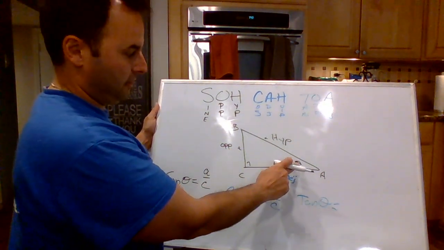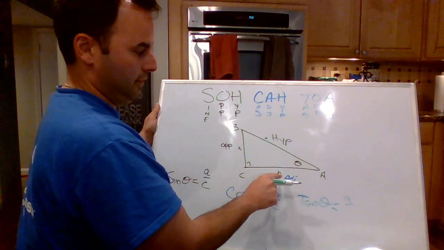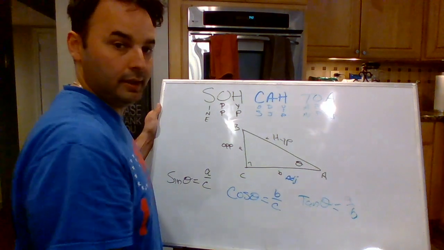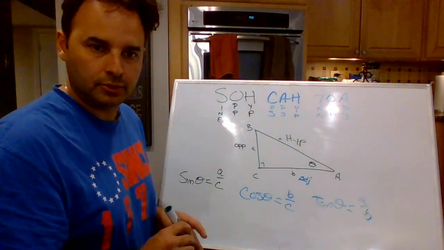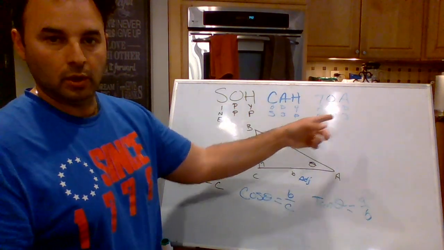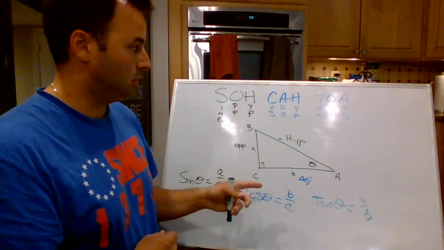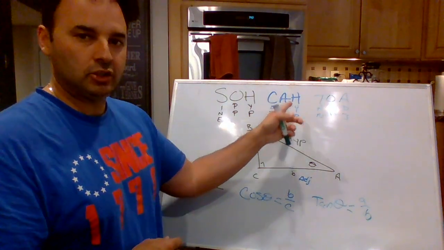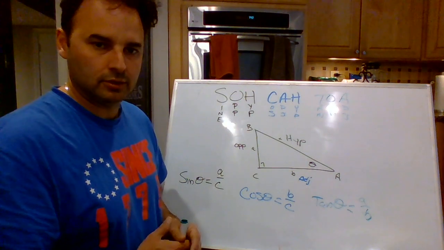So this opposite of theta is A, and the adjacent is B. Those are my trig ratios. SOHCAHTOA. The sine is the opposite over the hypotenuse, the cosine is the adjacent over the hypotenuse, and the tangent is the opposite over the adjacent.